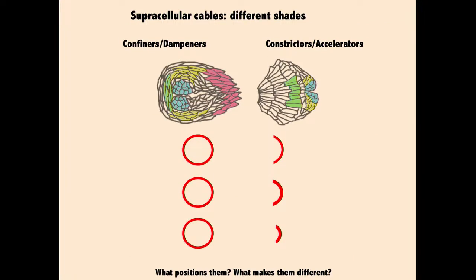So one part of what we're interested in is to look at why one of these cables constricts and, if perturbed, hinders the final phase of retraction, why the other cable does not constrict but seems to somehow act as a dampener or a brake of retraction. What positions them, what makes them different, these are questions we're trying to ask.